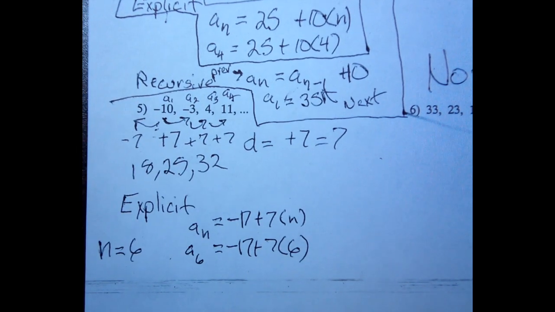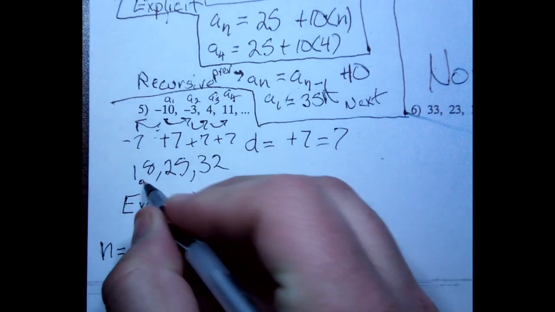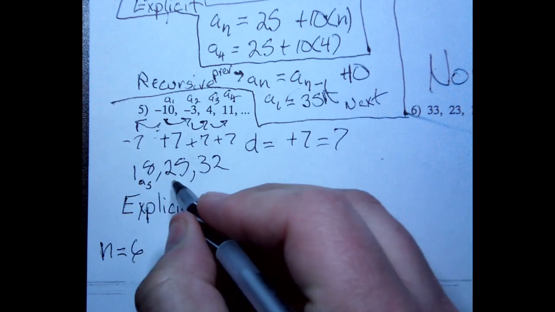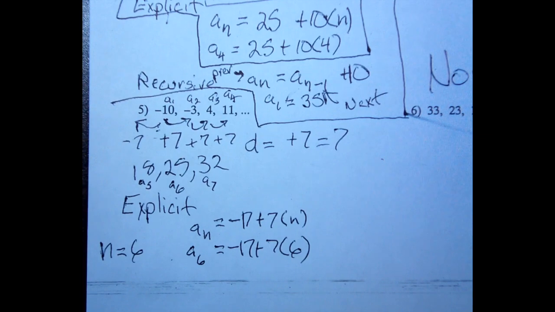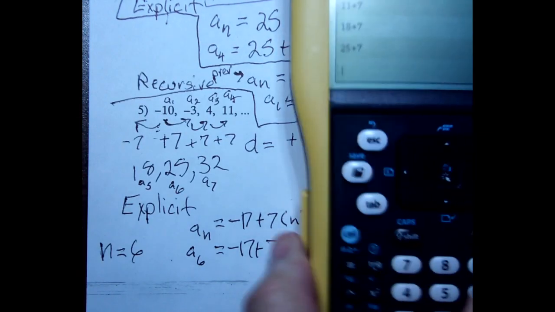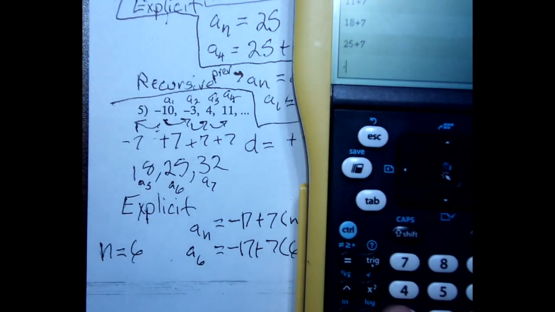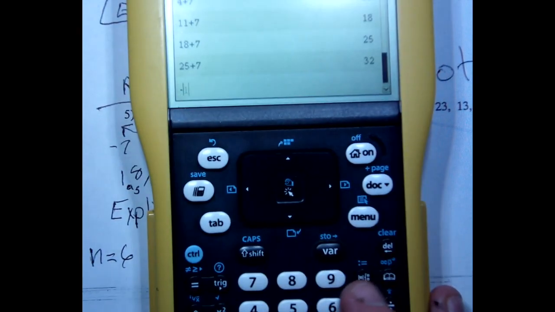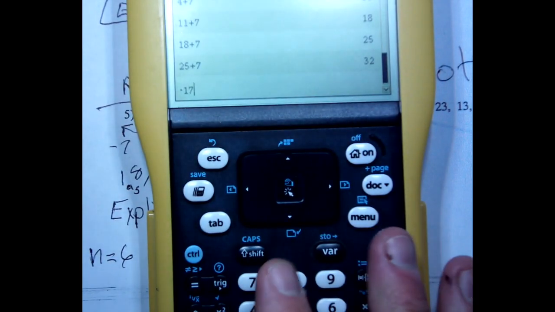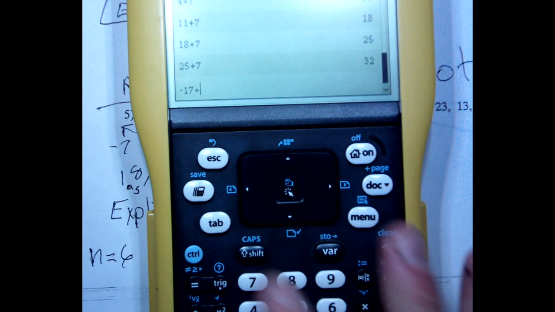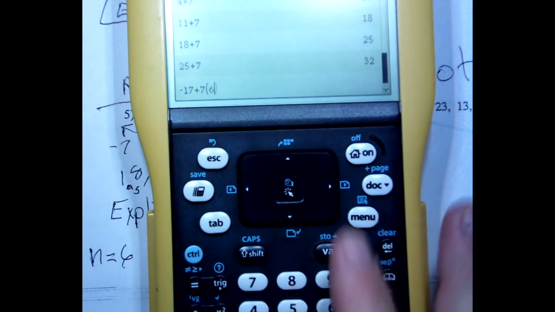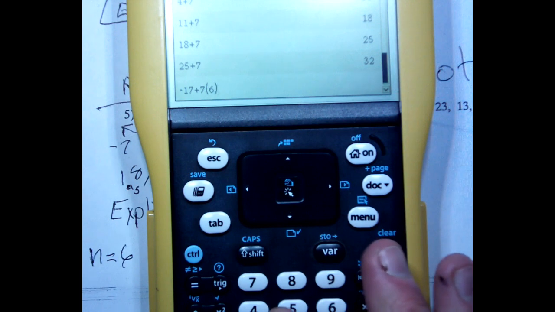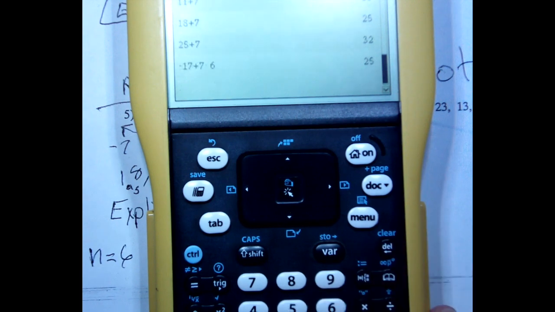Now, if I do that right, remember this is a sub 5, this is a sub 6, and this is a sub 7. So I should get 25 for my answer. So if I say negative 17 plus 7 times 6, and I close the parentheses, when I hit enter I should have 25.